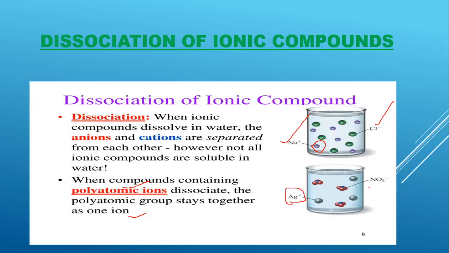But nitrate is nitrogen and oxygen, so it is a polyatomic ion since it contains nitrogen and oxygen. What happens to them? This nitrogen and oxygen stay together. So this is an example of polyatomic ions. In this way, the dissociation process takes place.